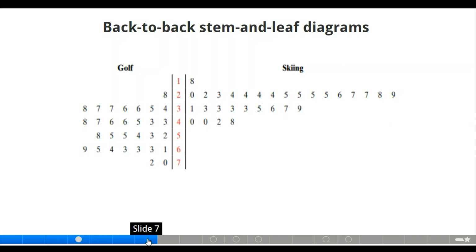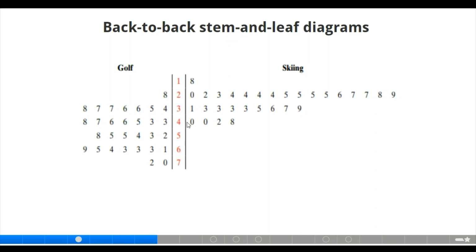So we have the first one on the left-hand side and the second one on the right-hand side, and we have the stem numbers, 1 to 7, that differentiate between the two. The first stem has 18 for skiing, and the other has 28 for golf. We have skiing from 20 up to 29, and golf only has 28. For skiing we have 31 to 39, and for golf we have 35, 36 to 38.